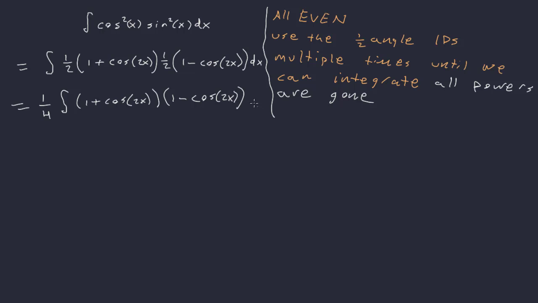Now, here's where it's nice to know our difference of squares, because the difference of squares, when we multiply this all out, the middle term disappears, and so we'll get 1/4 times the integral of 1 minus cosine squared of 2x dx.